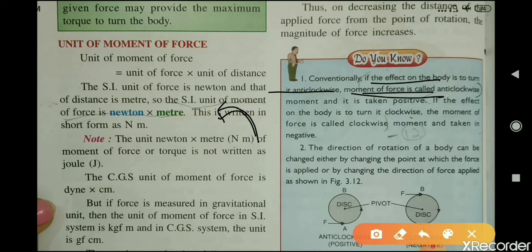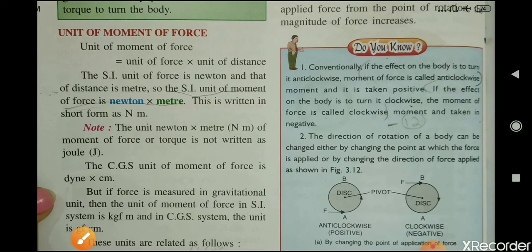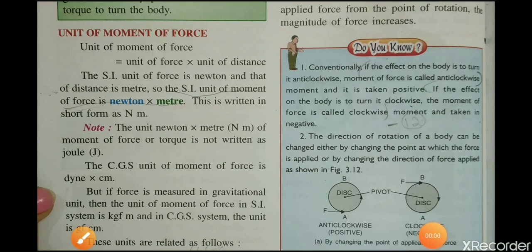If the effect on the body is to turn it clockwise, the moment of force is called clockwise moment and is taken as negative. So clockwise moment is negative and anti-clockwise moment is positive.